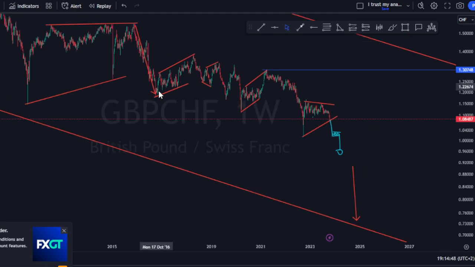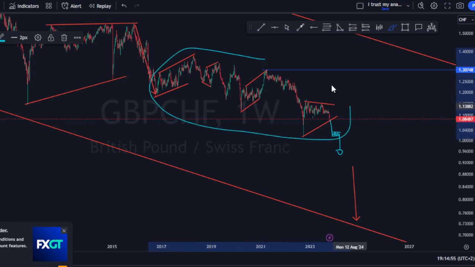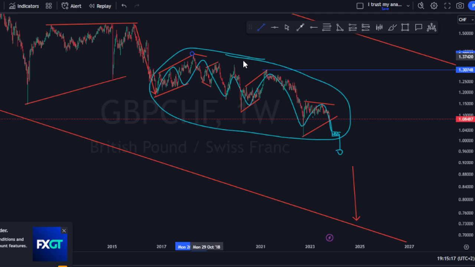So what I basically just did here, I separated this whole corrective price action so that it is nice and clear and makes sense, ladies and gentlemen. So let me see if I do join those highs there.